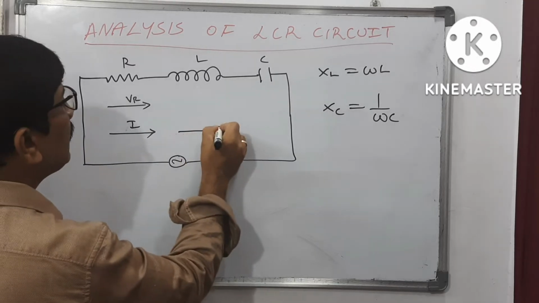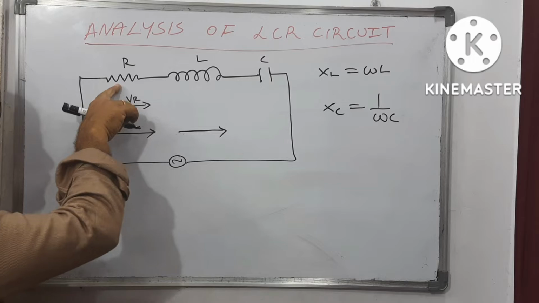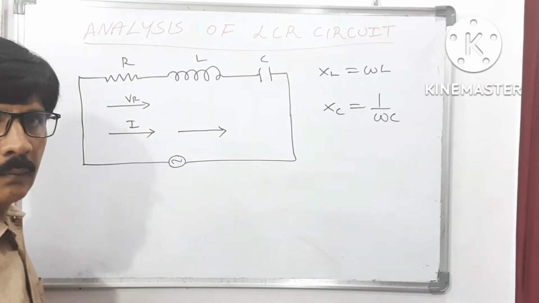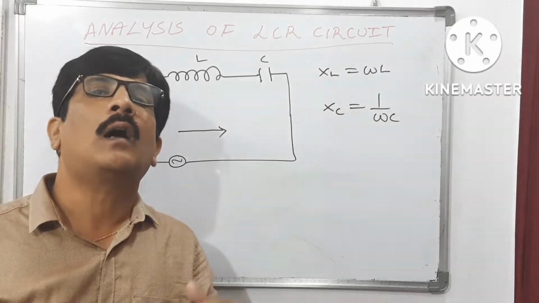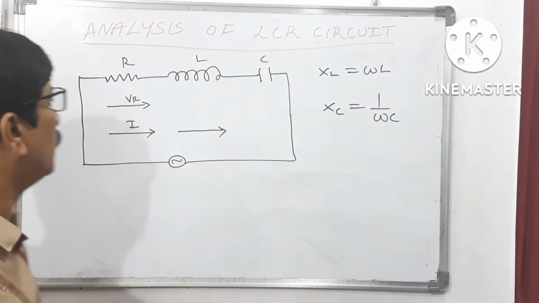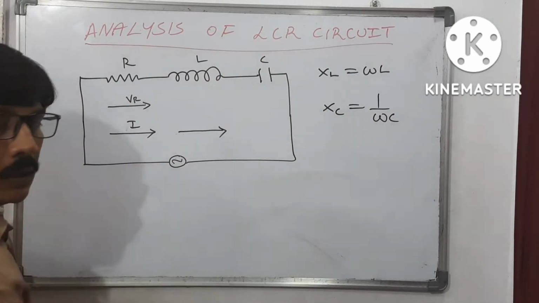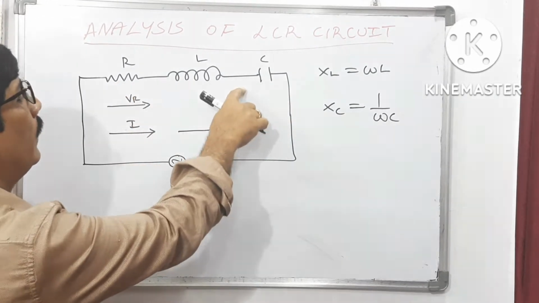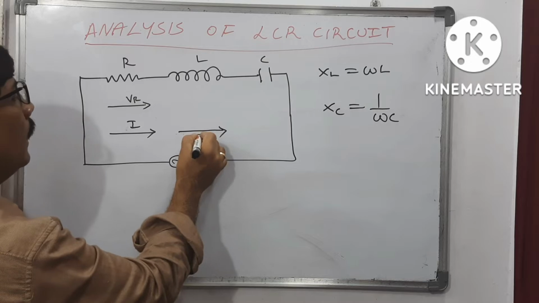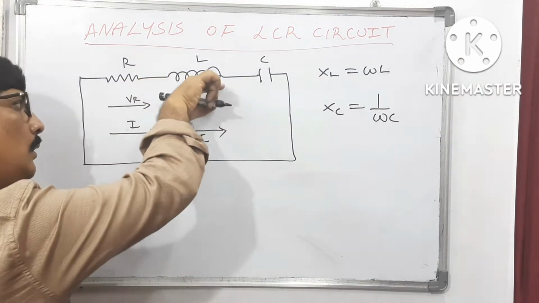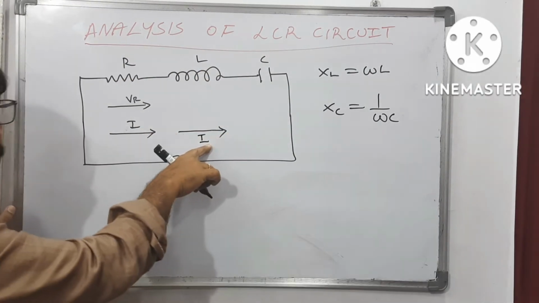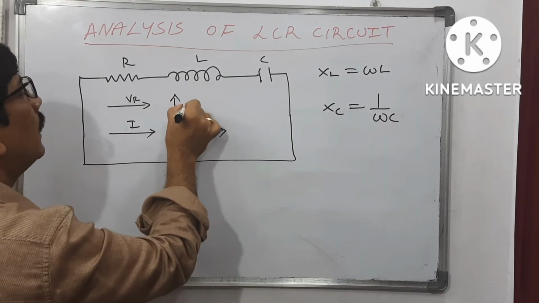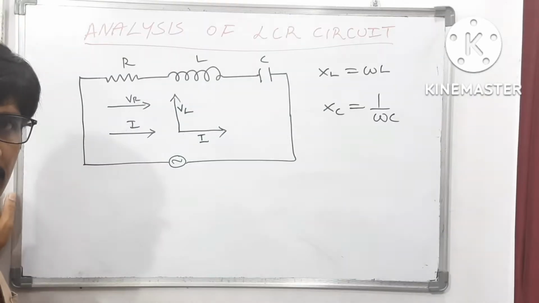But the resistor, inductor, capacitor all are connected in series combination. When all components are connected in series combination, the same current passes through all the components. So that's why current passing through the inductor is the same I, but voltage across the inductor is VL, which we already discussed.